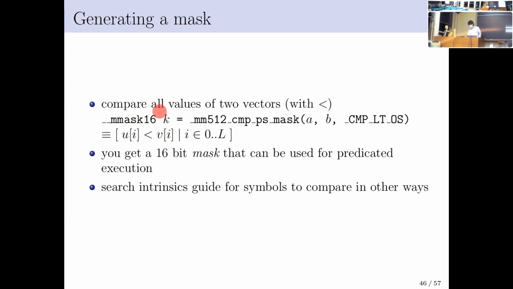This is actually a 16-bit integer, and it can be used for later predicated instructions. You can change the way you compare these two vectors by specifying an appropriate symbol here. You can check the intrinsics guide page.